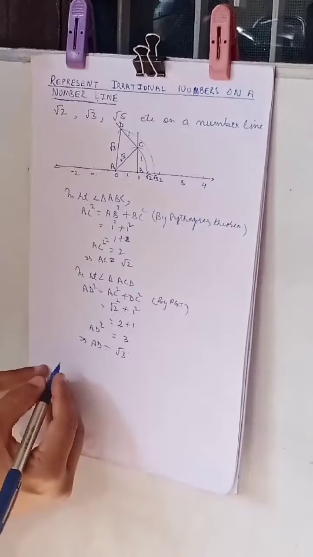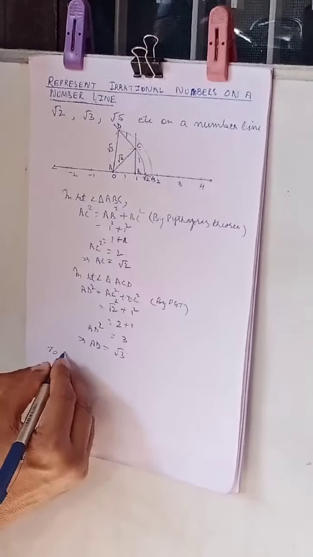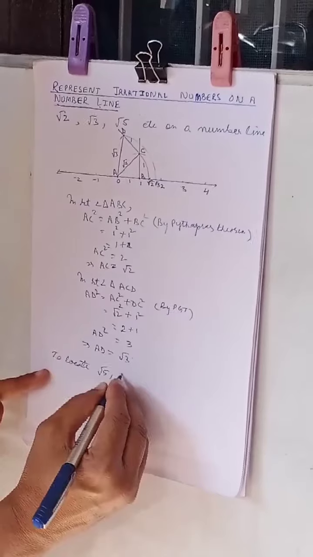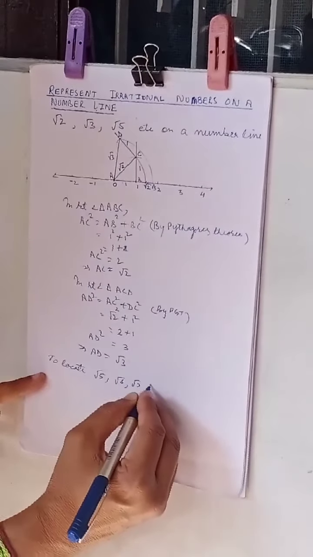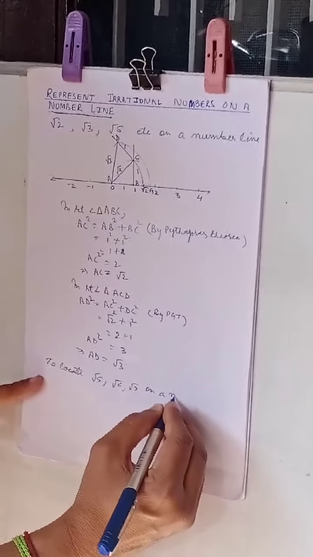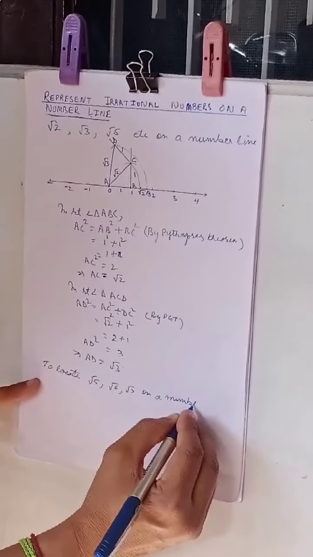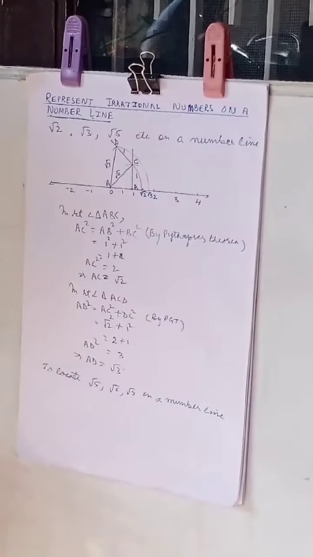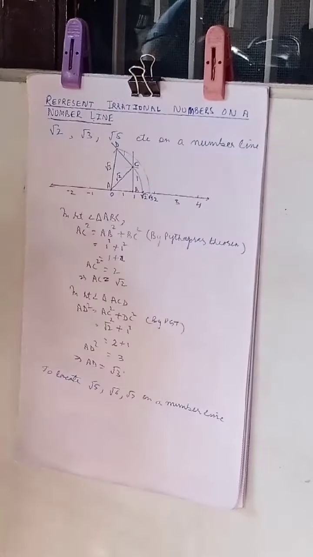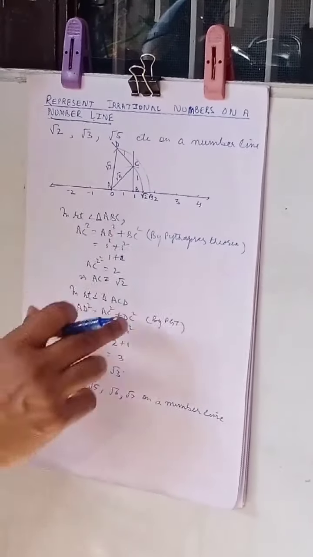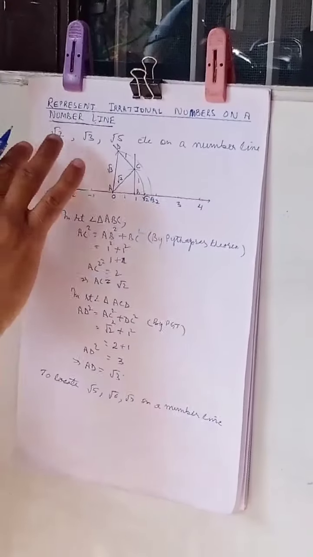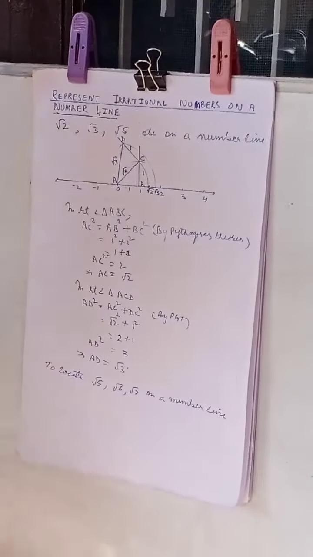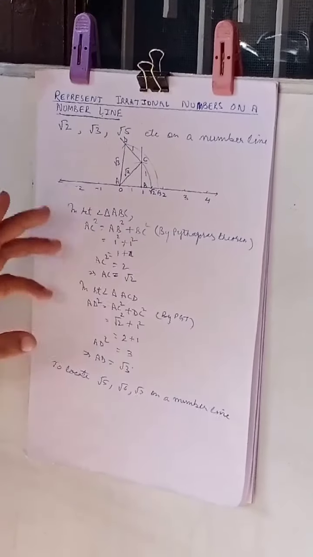So your homework is to locate root 5, root 6, root 7 on a number line. So this method is called the spiral method to locate irrational numbers on a number line. Okay students, so just try it yourself.